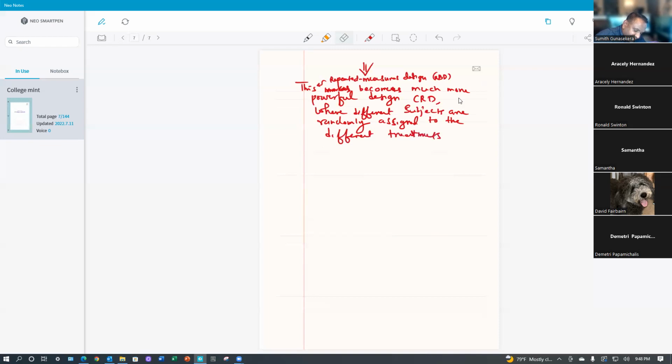Treatments means, in that example, you can say the brands: brands A, B, C, and D. Different subjects means golfers. Different golfers will be assigned, and different balls. Golfers and balls, both.